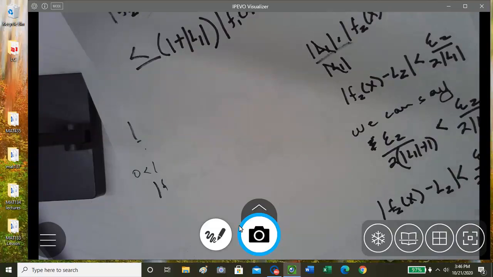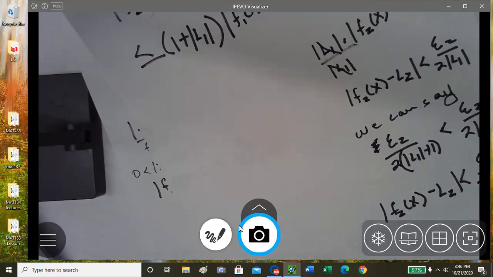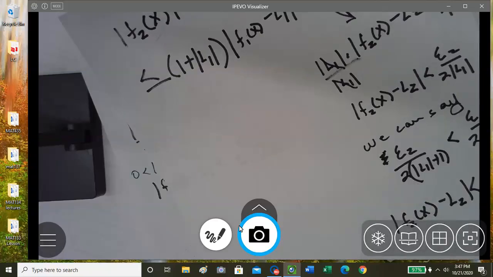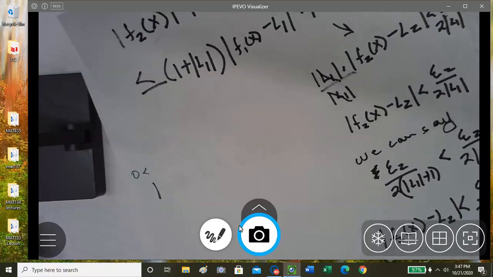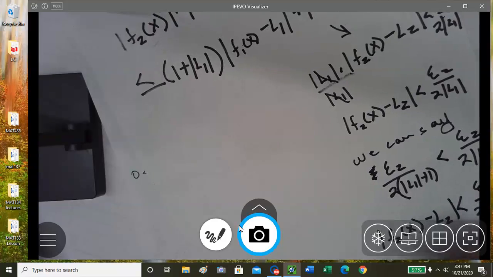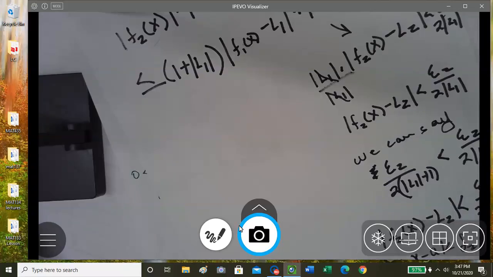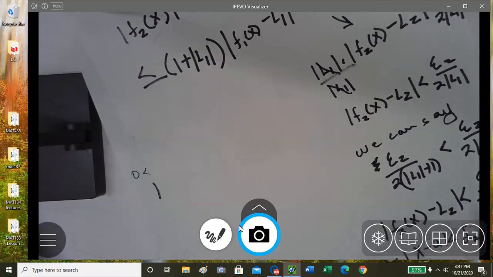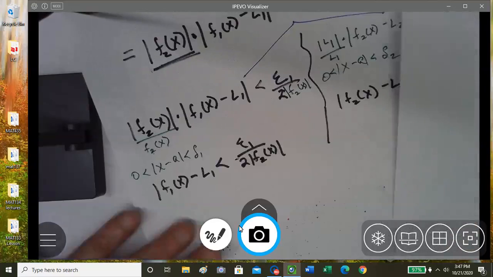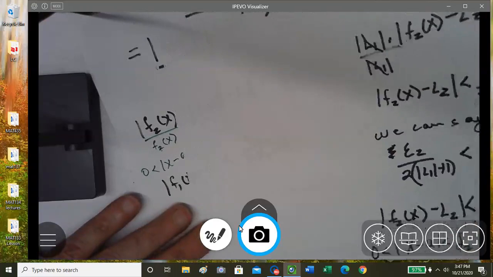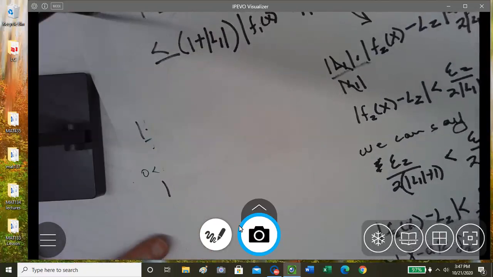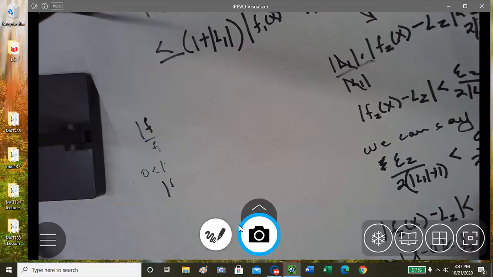So absolute value of L1 is going to be less than absolute value of L1 plus 1, for absolute value of x minus a less than delta 2, with delta 2 greater than 0. Okay, and so we're ready to put this all together then.